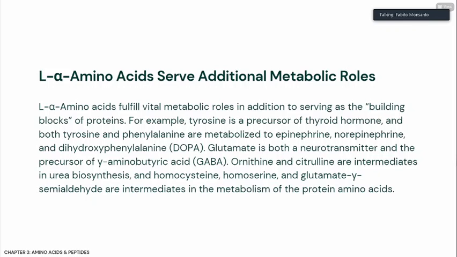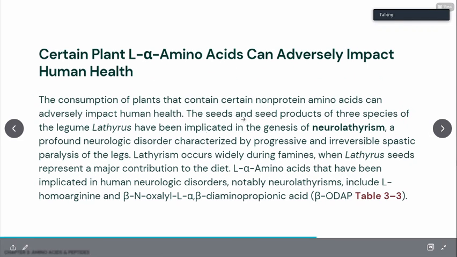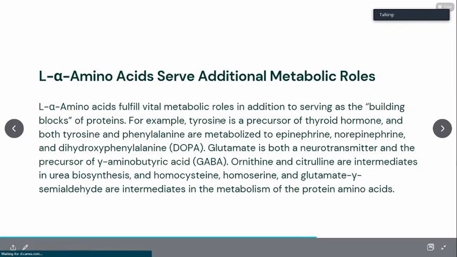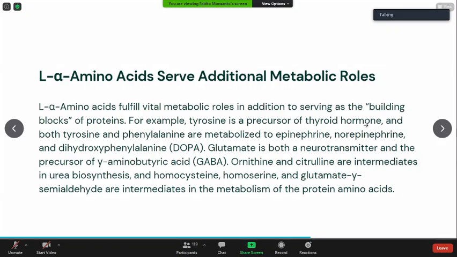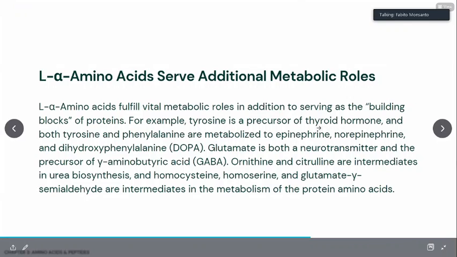Now, aside from the function of the amino acid as part of the protein molecule, certain amino acids can become specialized products. For example, tyrosine is the precursor of thyroid hormone, your T3 and T4.